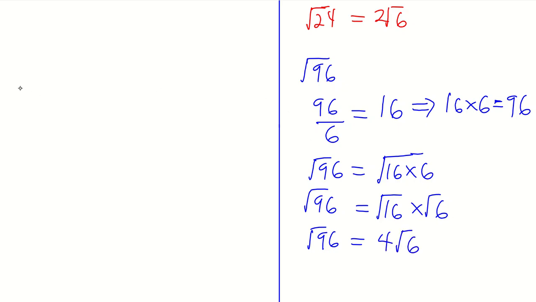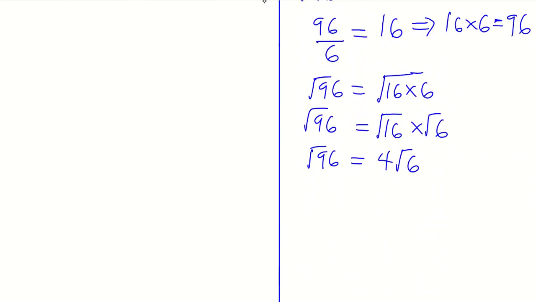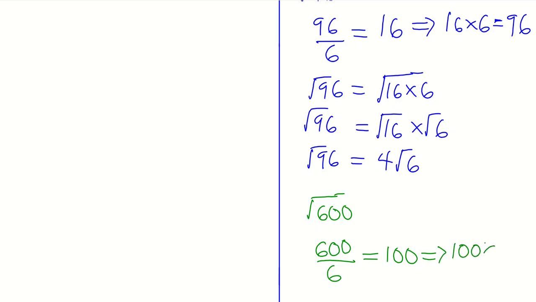Now, let's see if you are done. You have square root of 600 left. Now, the last one, that is square root of 600. You have to consider 600 and we divide by 6. And when 600 divides 6, then we are going to get 100. Now, this implies that if 100 multiplies 6, then we are going to get back our 600.